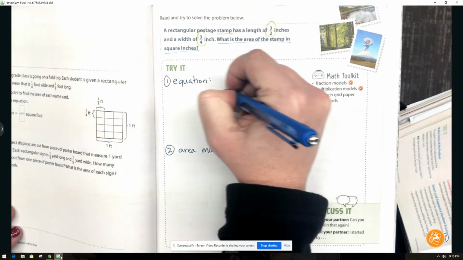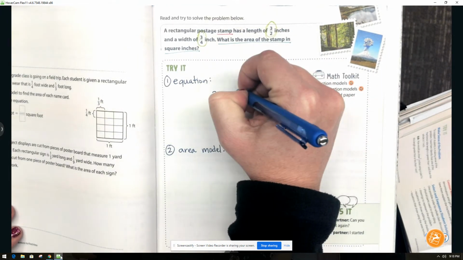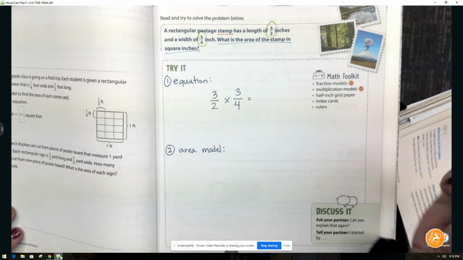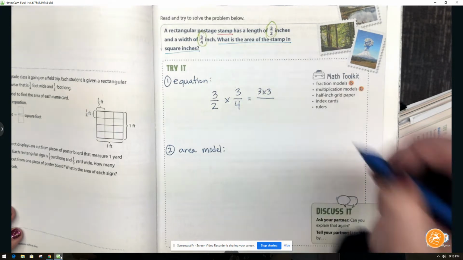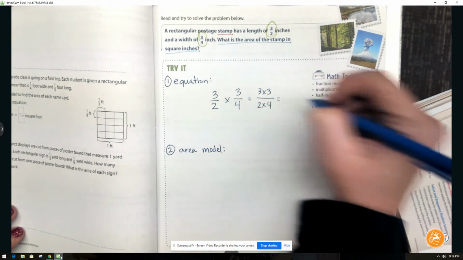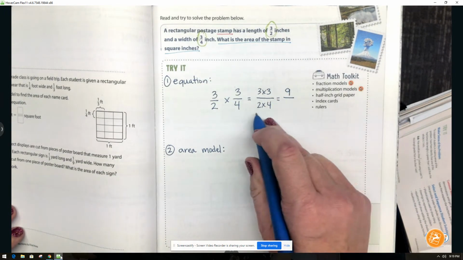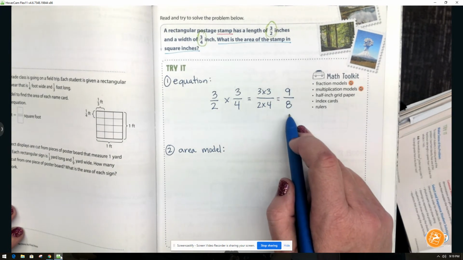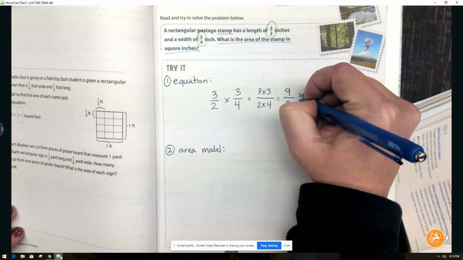So we know that we have 3/2 times 3/4. Well, that's 3 times 3 in our numerator and 2 times 4 in our denominator. 3 times 3 is 9. 2 times 4 is 8. So our answer is 9/8 of a square inch.